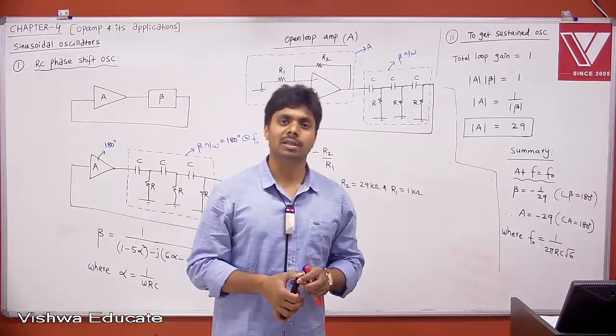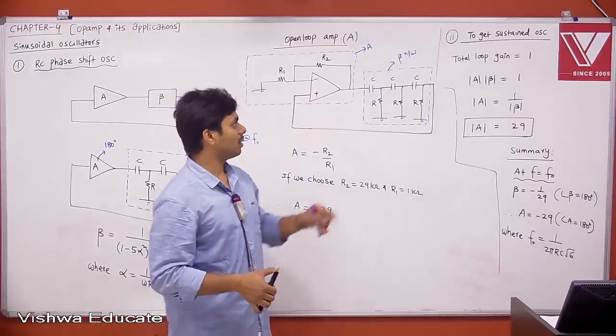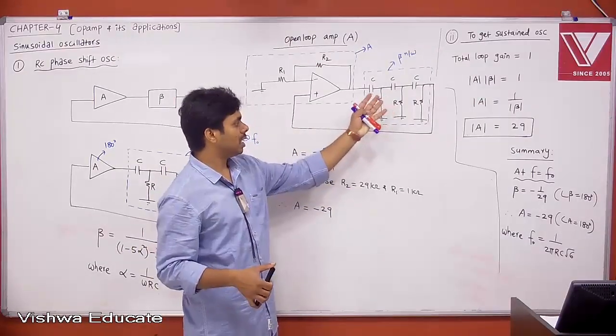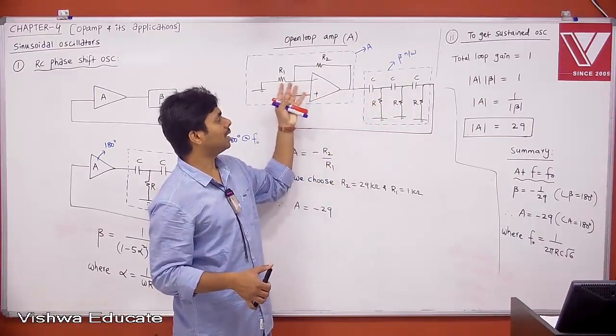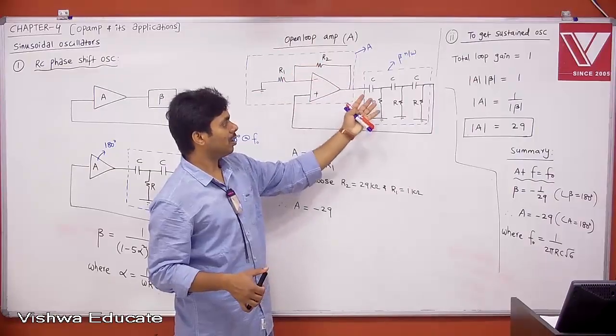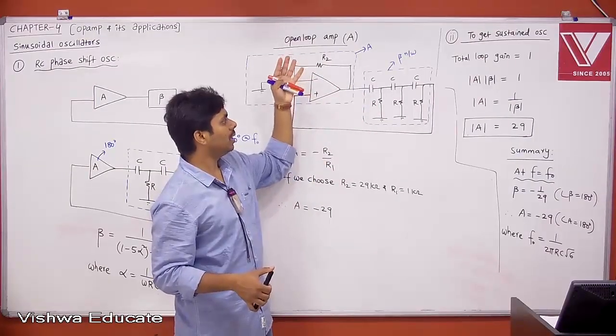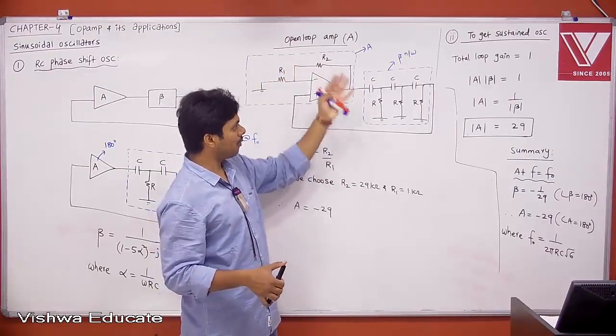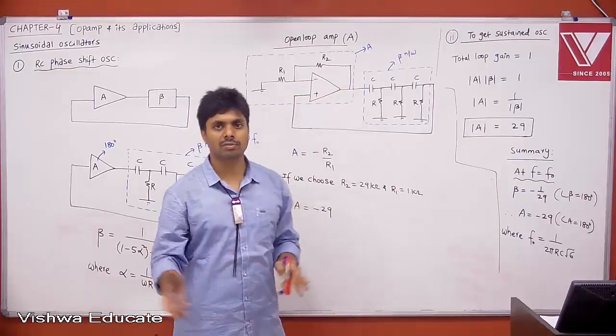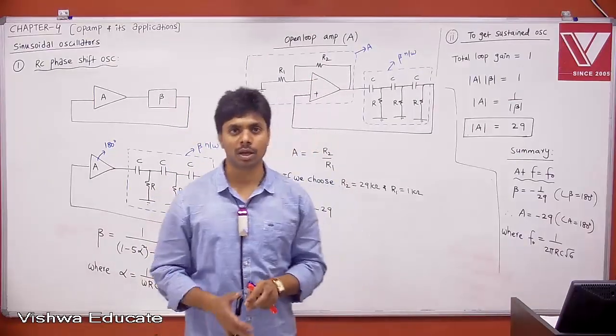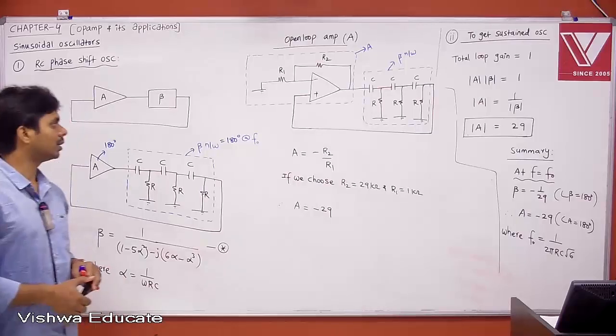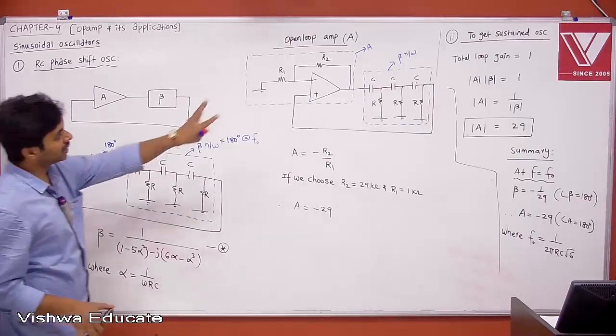Even oscillations will die out. Whatever loss we have from the beta network, the same amount of energy should be boosted or gained by your open loop amplifier. If the loss is not equal to the gain, let us say the gain is less than the loss, after some time the oscillations will die out slowly. That is what it is. Take it. This is your final circuit.